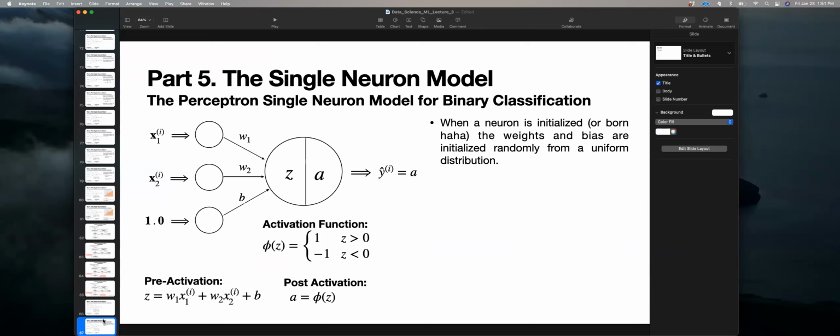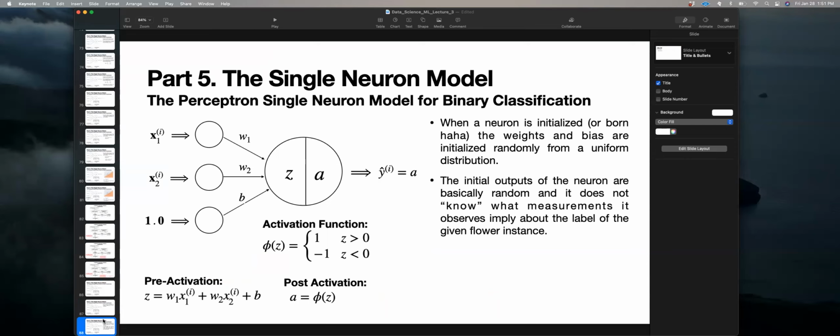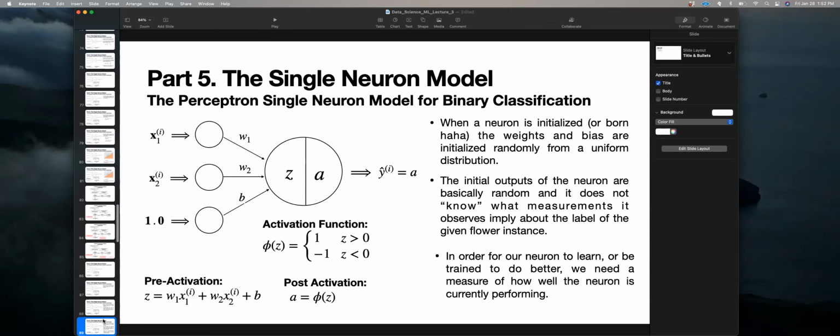Because of that, the initial outputs are either skewed towards one type of output, or it's just essentially random. The neuron doesn't know anything before you implement an algorithm to train the weights and biases, or manually tweak them yourself. So it's pretty much useless at the very beginning. But we can train it.